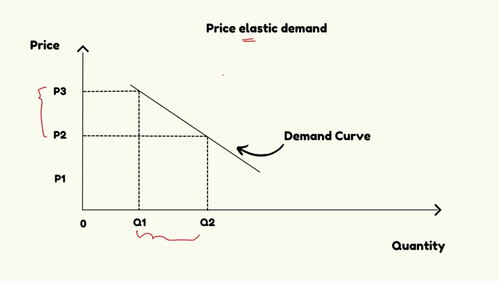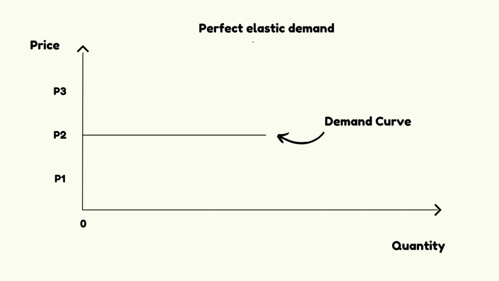This is where the price elasticity of demand will be less than -1. This is the demand curve for perfectly elastic demand, which means if the price changes, the whole demand will be lost. This is where the price elasticity of demand is equal to infinity.